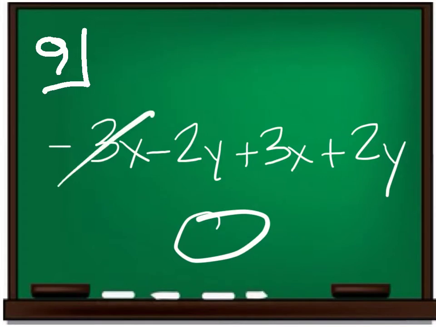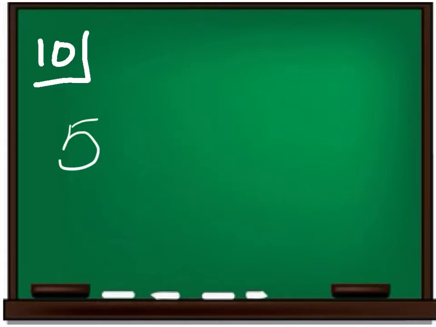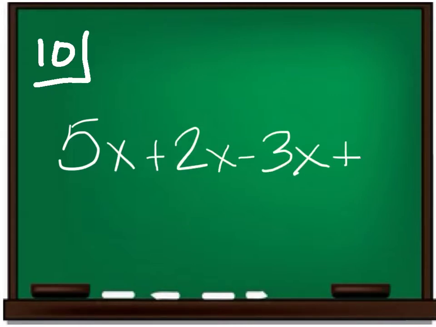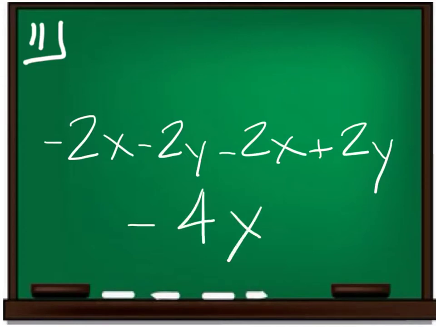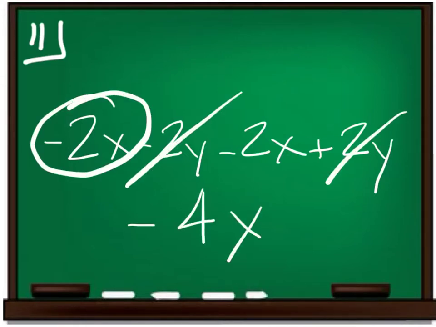Zero. Cancel, cancel. Everything is gone. Five x. Negative 4x. Cancel, cancel. Minus 2 is minus 4.